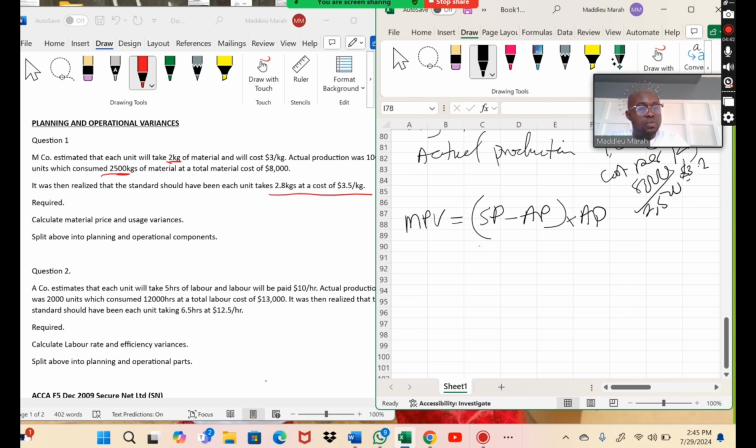Our standard price, we have 3, minus our actual price, which we calculated to be 3.2, multiplied by the actual quantity, 2,500. This gives us our variance. But before we get the variance, will it be a favorable or an adverse variance? Now, our standard price was 3.